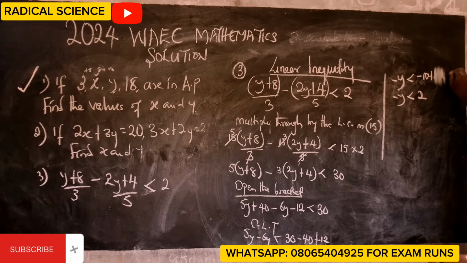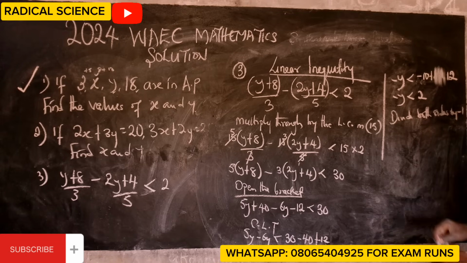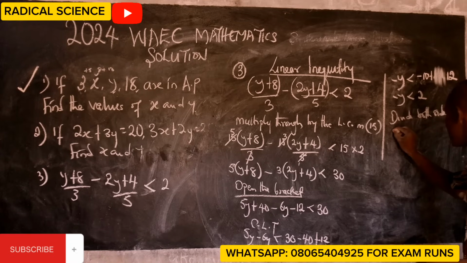Minus 10 plus 12 is positive 2. Now, what I will do is divide both sides by minus 1.